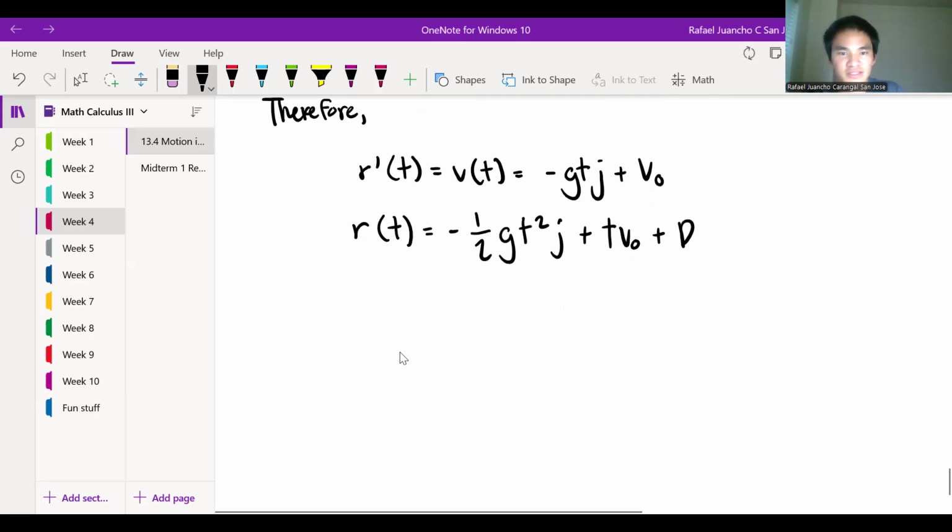Then we can define this. D is equal to r of 0. At time 0, I'm assuming t is time. Our parameter t is time. At time 0, our position is 0 at the origin, right?